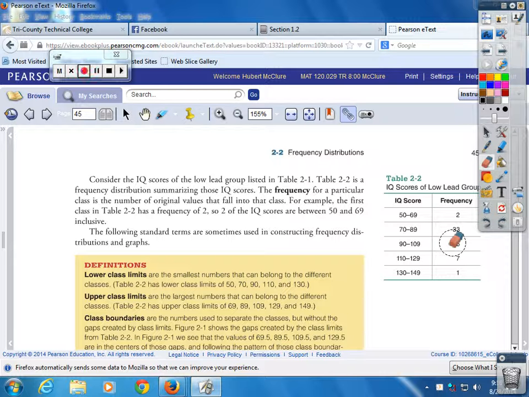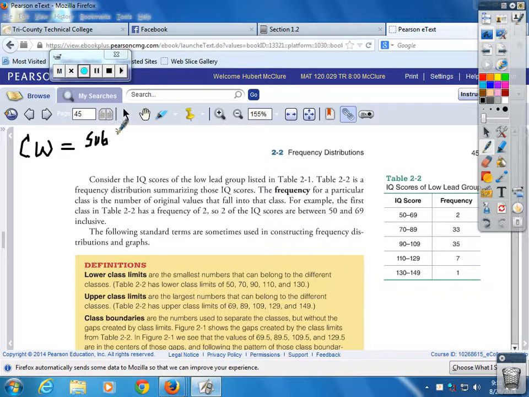What is the class width? Well, there's two ways to find the class width. Let me do it this way, so I don't confuse you.